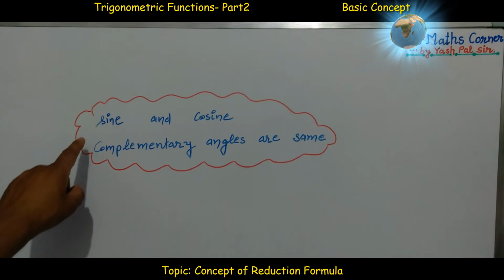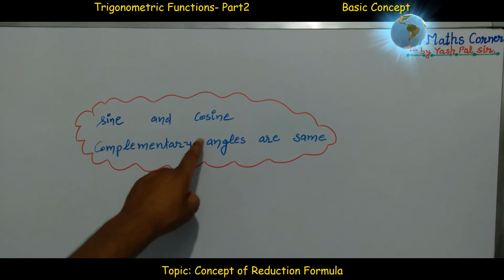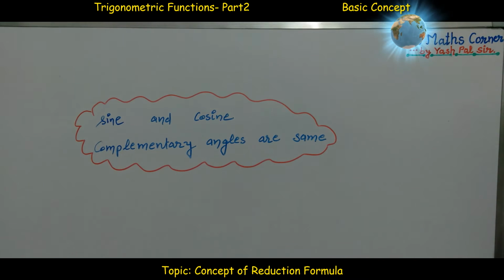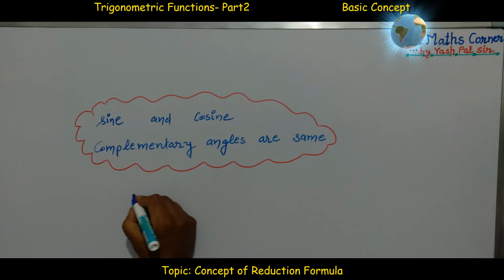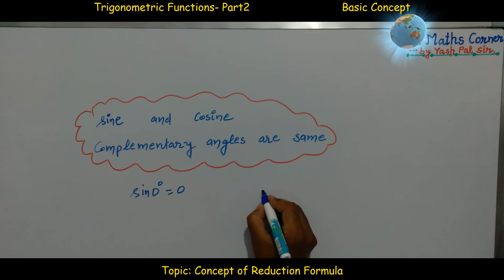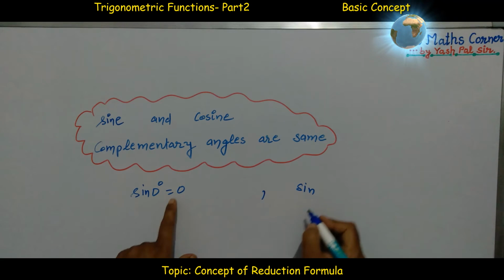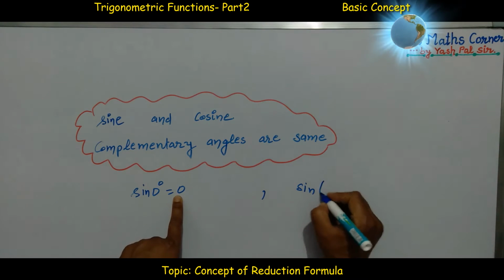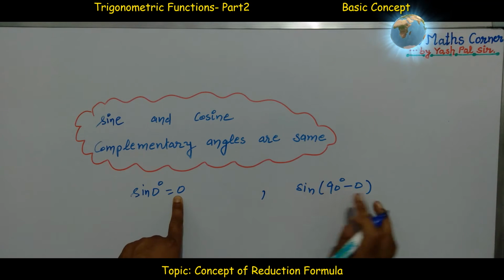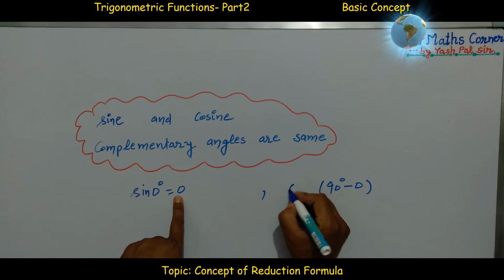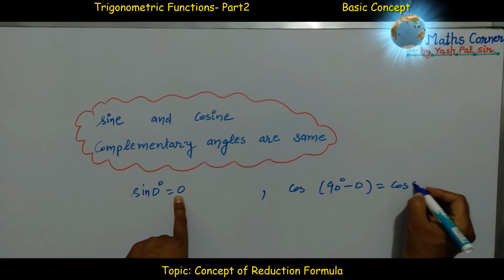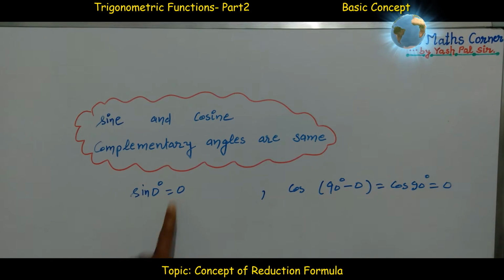From this table, one more interesting case we have studied, that sine and cosine of complementary angles are the same. That is, sine 0 degree is 0. Then the complementary angle of 0 gives cos of 90 degree minus 0, that is cos 90 degree, which is also 0.